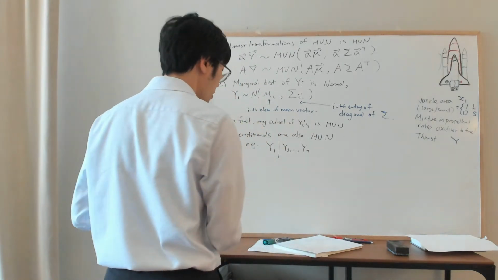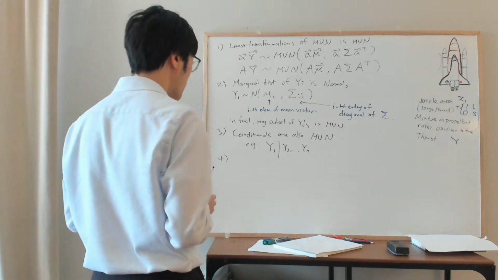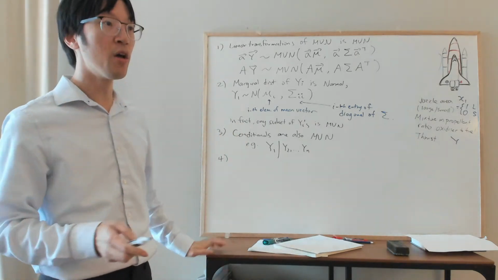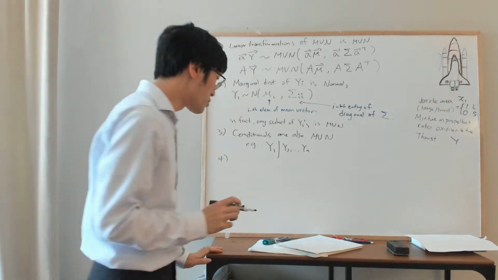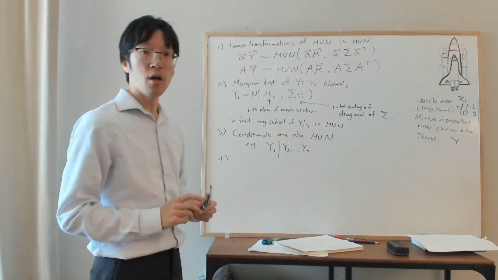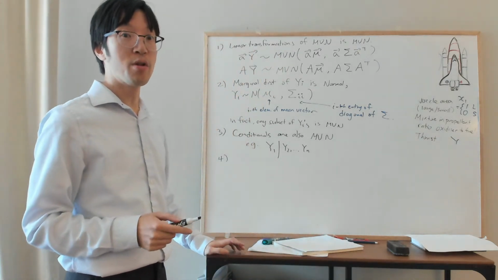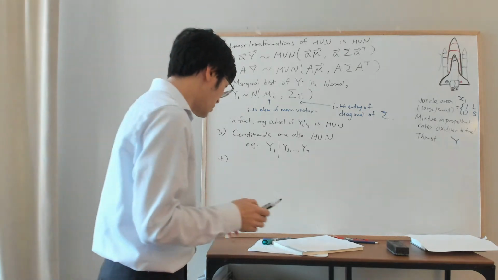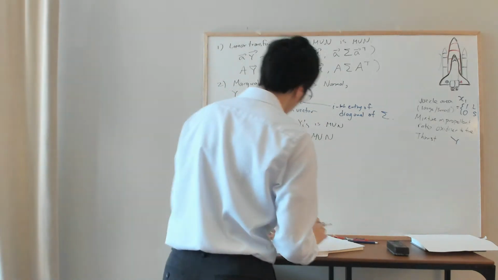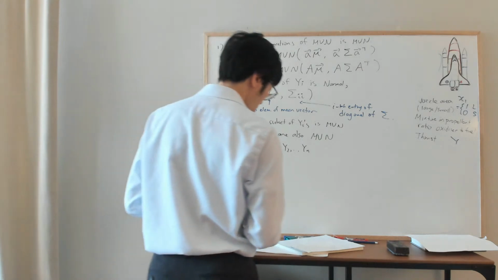And finally, a very special property of the multivariate normal distribution is that uncorrelatedness implies independence. In general that's not true, but for the multivariate normal it is true.